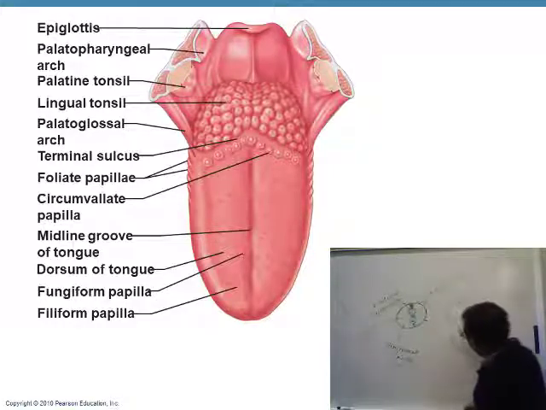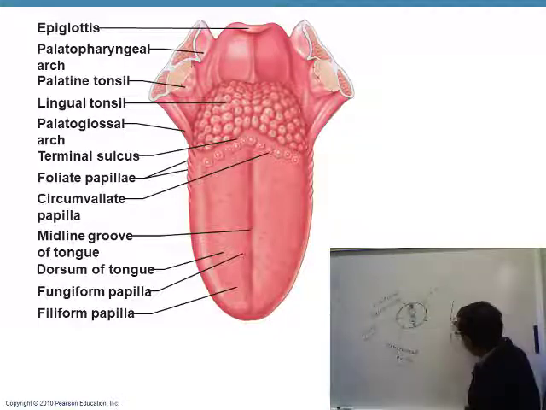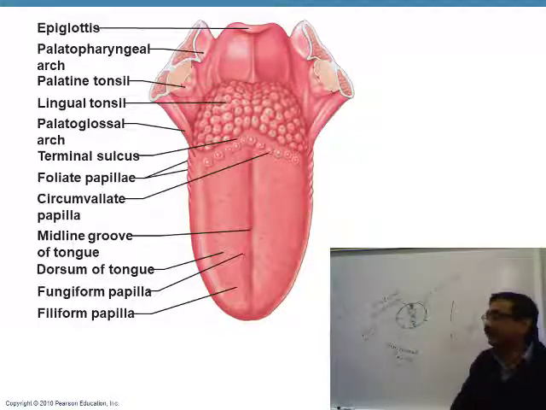This is the tongue, and in the front part of the tongue, you will see many tiny dot-like structures. There are two types of papilla there in the front part, mainly concentrated in the lateral edges, or sides: fungiform and filiform.